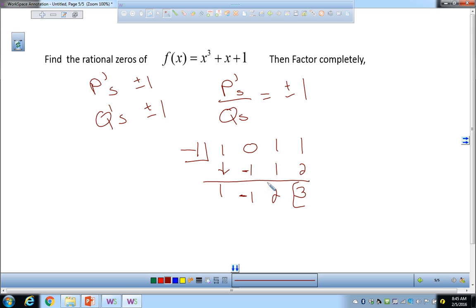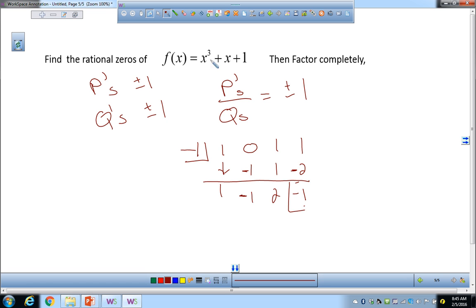Negative 1 times this makes negative 2. And 1 plus negative 2 would make negative 1, right? So that doesn't work either, does it? Which means this has no rational roots, okay?